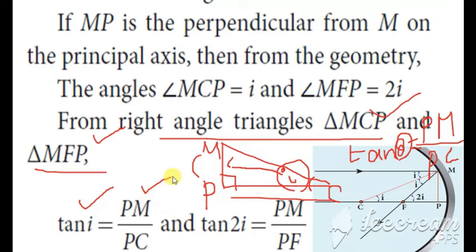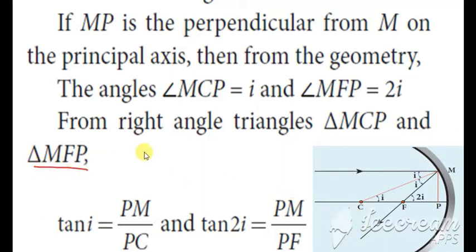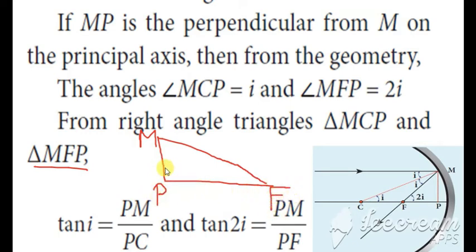Clear with this? Same way, let us take the next triangle, MFP. It is drawn in this way. Here is M and here is P, and here we have F, and it is 90 degrees at P. At F, the angle is what? 2I, and so here it is written as 2I. Same way, tan theta, what is the formula?